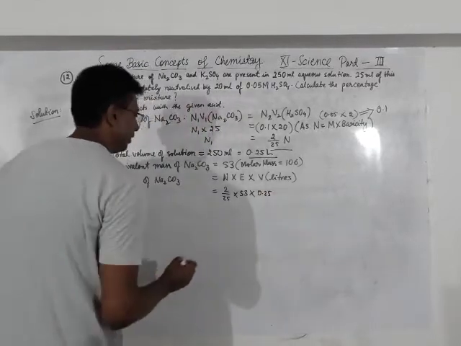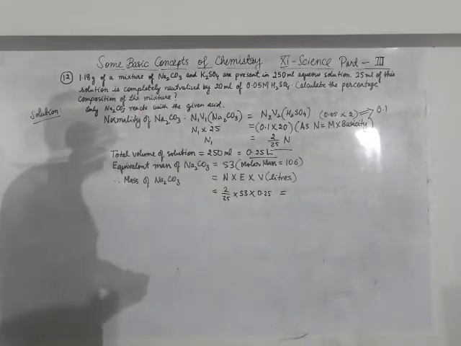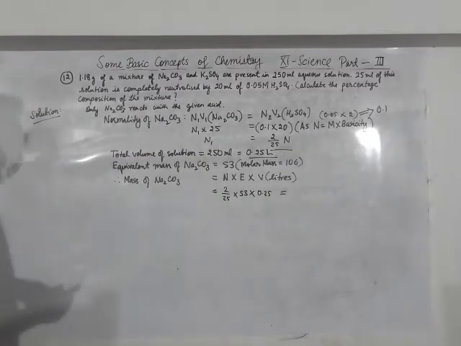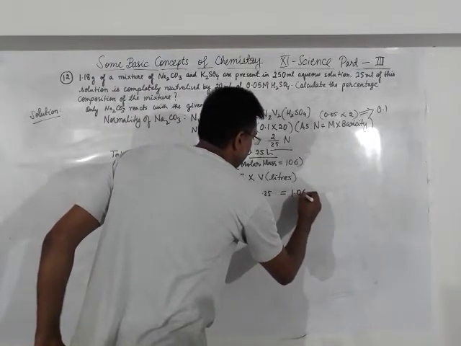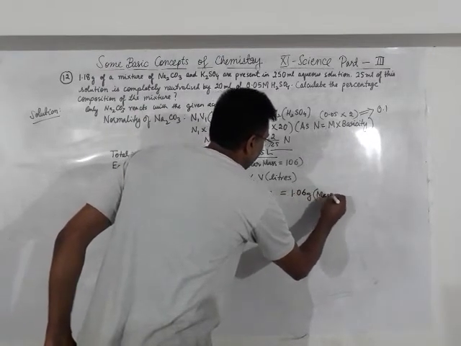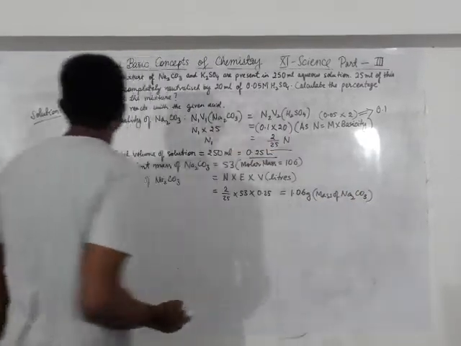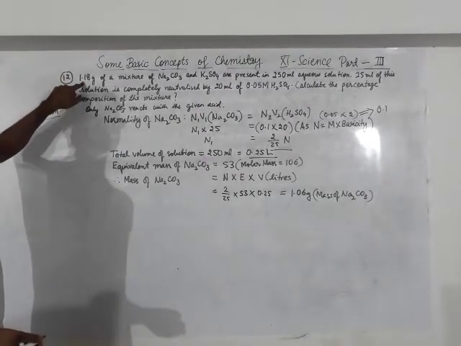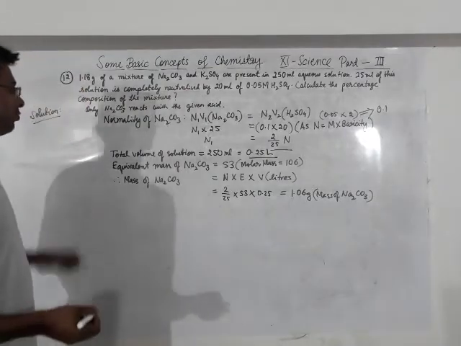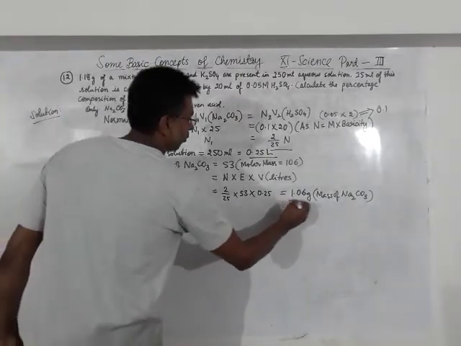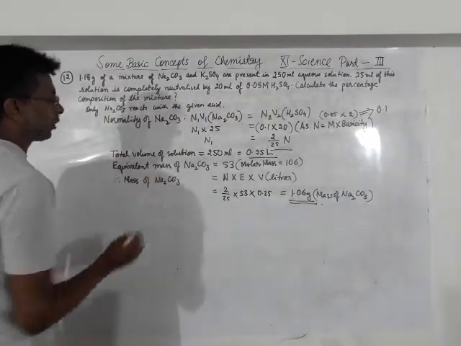Now if you simplify this, you will get roughly 1.06 grams. This is the mass of sodium carbonate. Out of the 1.18 gram mixture of sodium carbonate and potassium sulfate, the mass of sodium carbonate has been obtained as 1.06 grams. Now what is the mass of potassium sulfate?